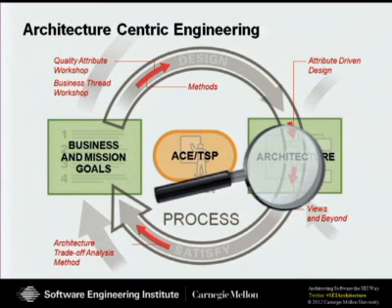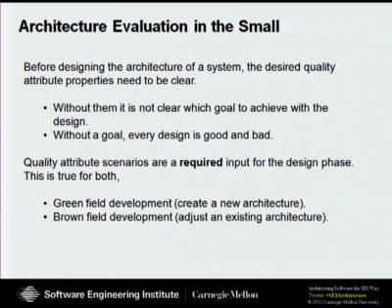That is too late. Many times, the organization doesn't have the time anymore to delay the delivery of a product, so they have to put something out and deal with the risk that they may get the wrong product. In many cases, it is too late to wait until the architecture is finished. Why not use all the techniques that I just mentioned for an architecture evaluation in the small, during the design process?